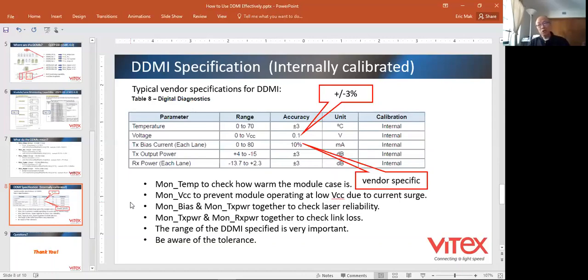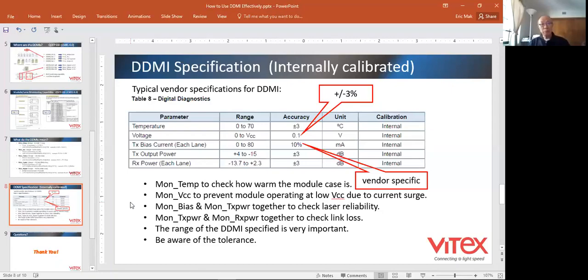So I encourage, when you operate a transceiver, at the beginning, you get a set of beginning of life data, right? Put it somewhere, either from the supplier or from what you measure. And then when you try to troubleshoot later on, look back on your beginning of life data and see if that thing changes, right?